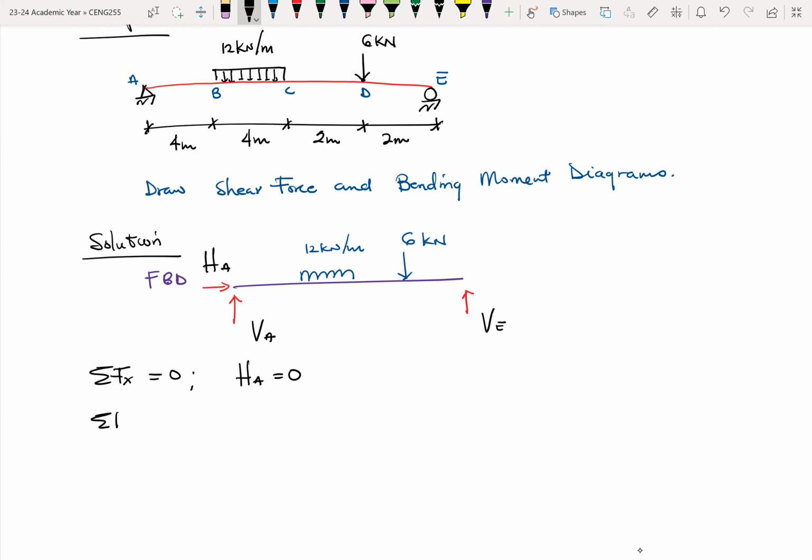Now, summation of forces in the y direction is equal to 0. There are 4 of these forces. We have the VE, VA, the distributed load, and also the point load. So these are your 4 forces in the y direction. Let me also highlight this one so they follow the same pattern.